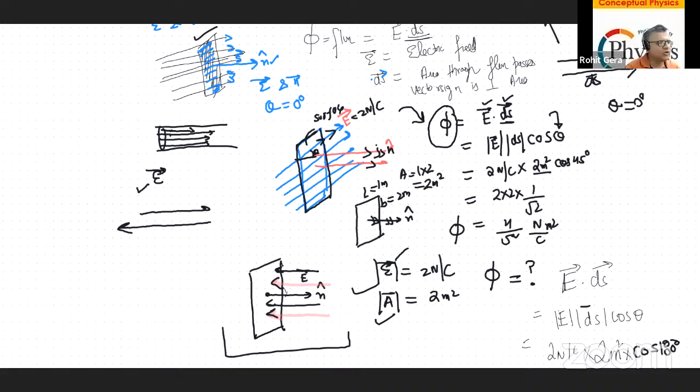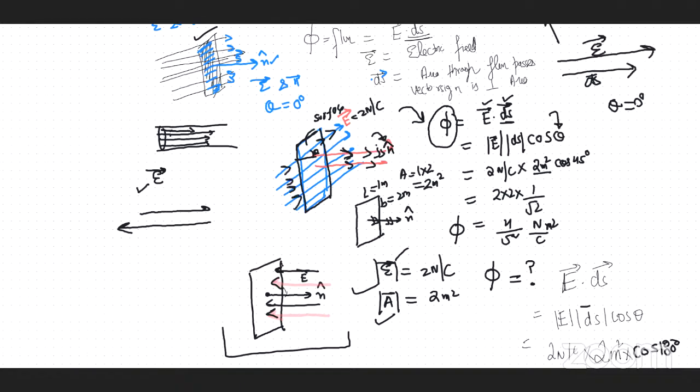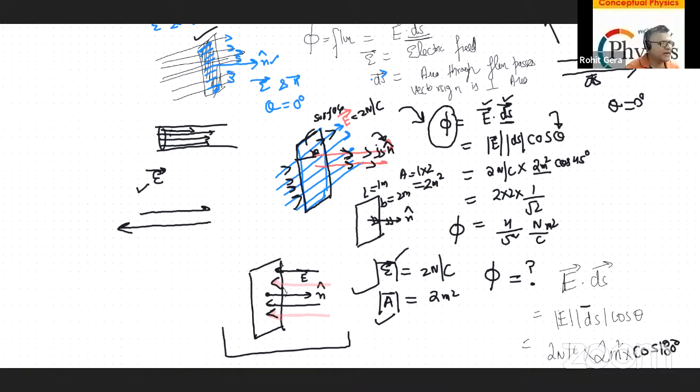I have drawn a perpendicular to the rectangle, which is this. But the electric field is passing through it at something like this. Now, if you notice, the electric field is like this, and the normal to the area is this, right?